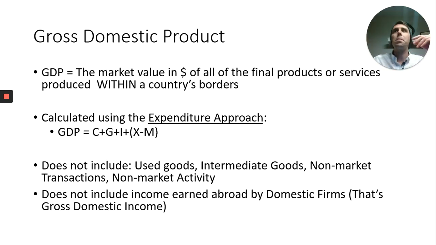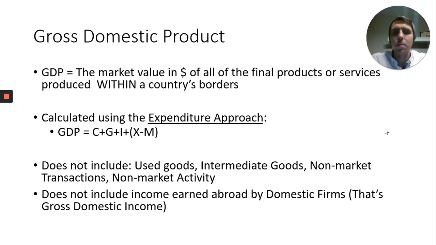So when we calculate GDP, we can't count the beef that McDonald's produces and the sale of a burger, because the sale of a burger automatically includes the beef. So we can't include what's called intermediate goods. We can't include non-market transactions. That would have to do with any illegal sales, any sales that aren't being recorded and things like that.